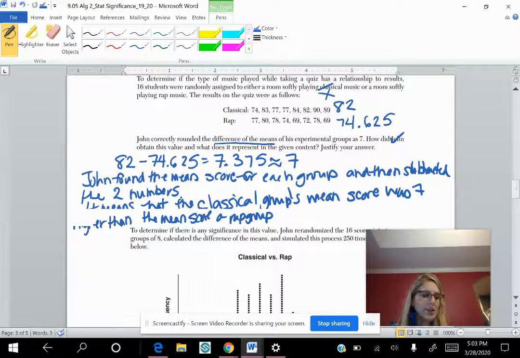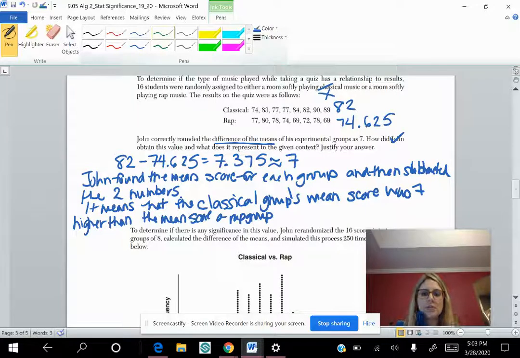So in other words, on average, the classical group scored about 7 points higher than the rap group. You don't have to write more than that. That would be acceptable for your answer.